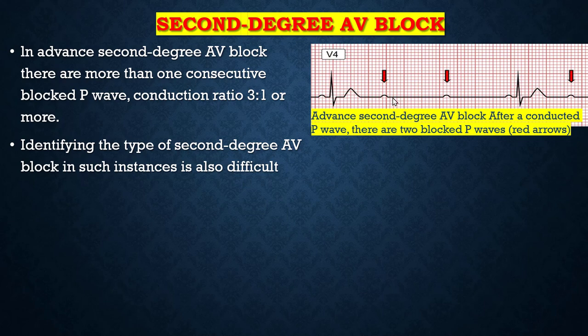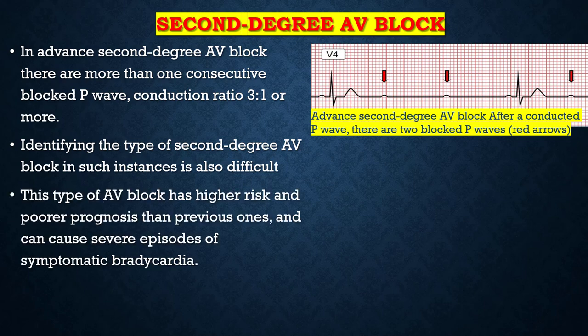The ratio is 3:1 or more. Here in this diagram you can see that after the QRS complex, two P waves are produced, but there is no QRS complex and there is no conduction of current from the AV node to the ventricle.